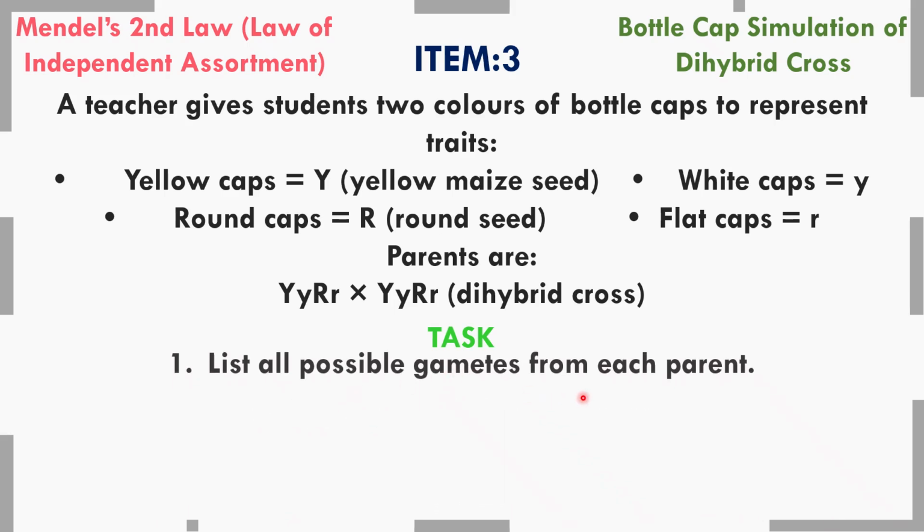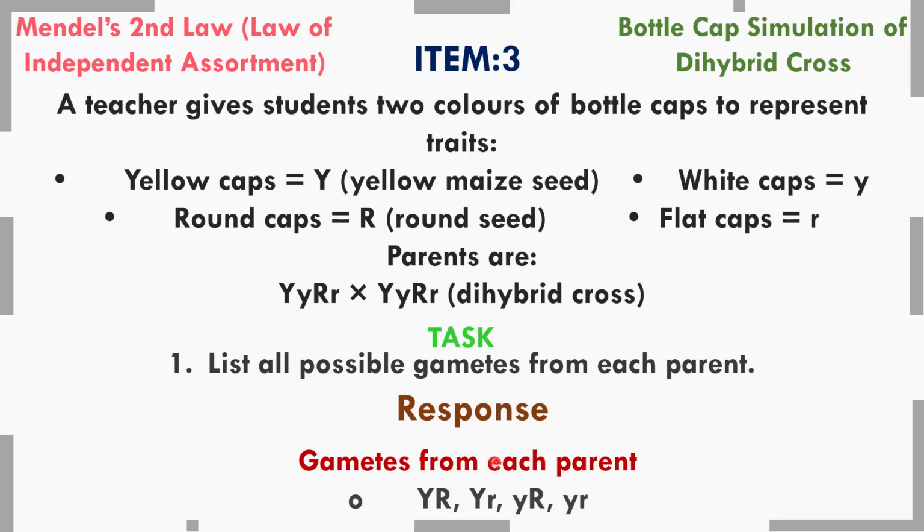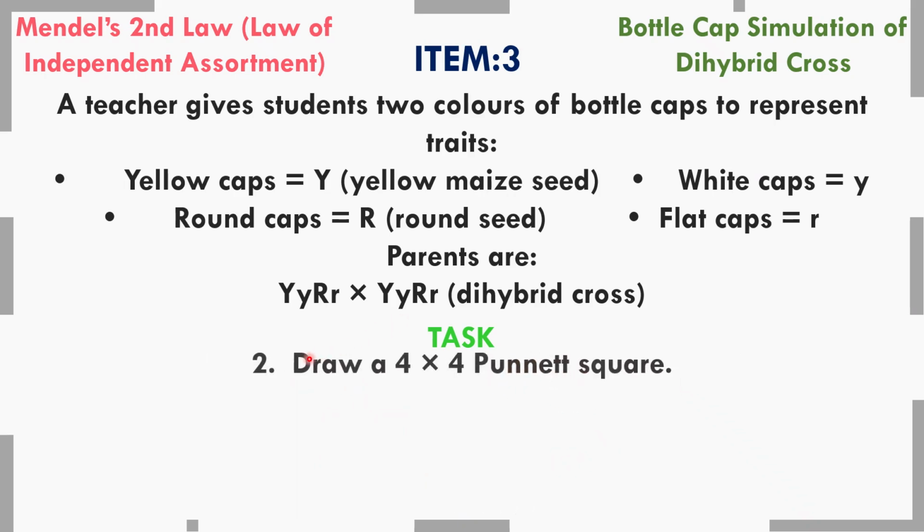List all possible gametes from each parent. Gametes from each parent are capital Y capital R, capital Y small r, small y capital R, small y small r. Two, draw a 4x4 Punnett square.